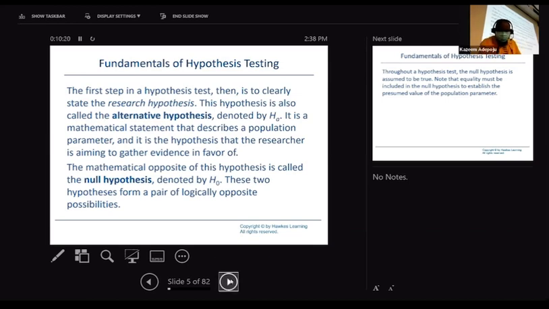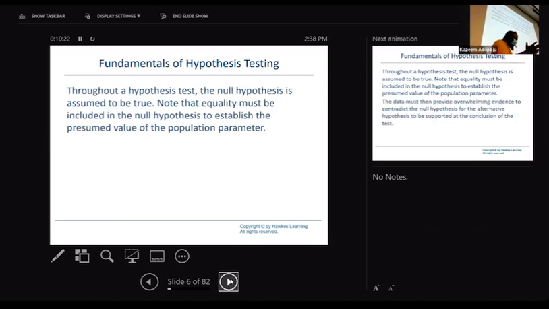Now, when you have a question, in the exam or anywhere in the world, where you are given a hypothesis question and asked to identify your null hypothesis and your alternative, the null hypothesis is the hypothesis of primary interest.